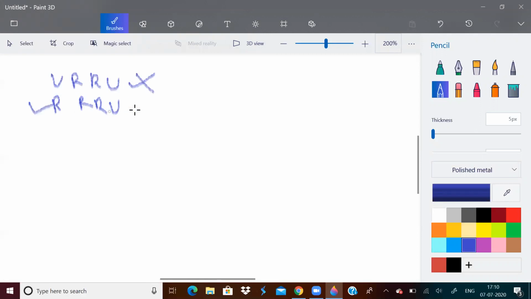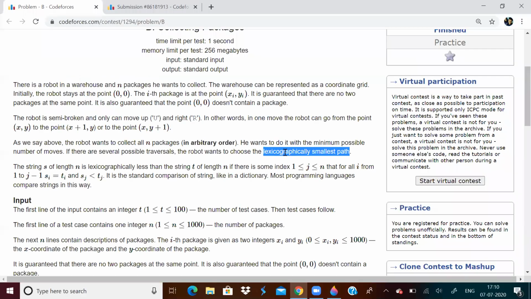Lexicographically smaller basically means which string comes before the other. In the dictionary, which one comes first? You can see R comes before U. That is why we select this one. So that is what lexicographically means: whichever string comes earlier in the dictionary.